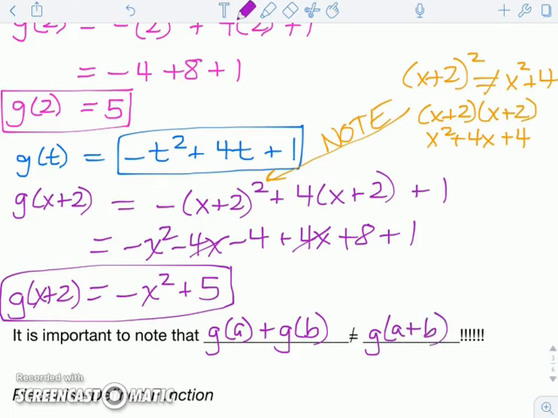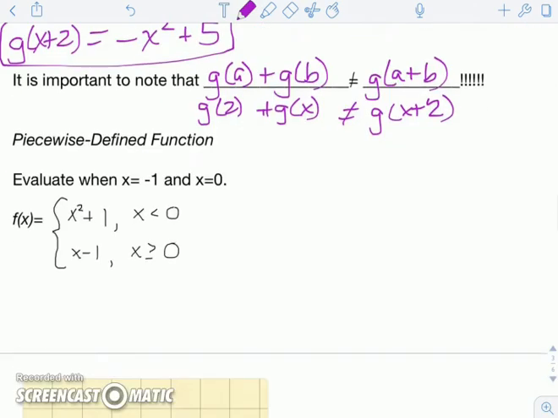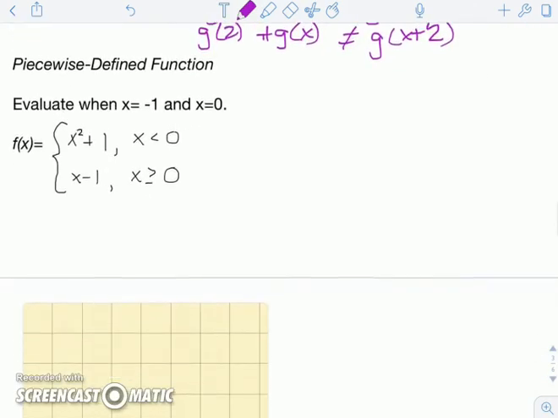We just saw that example: g of 2 plus g of x is not equal to g of x plus 2. But it's valid for any of those numbers that we're going to be plugging in, for all numbers there.